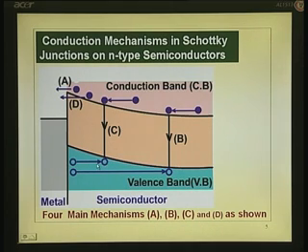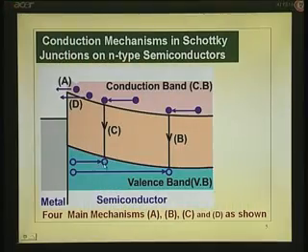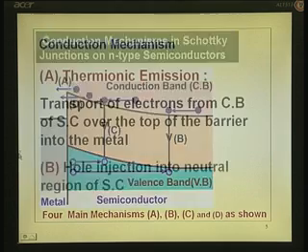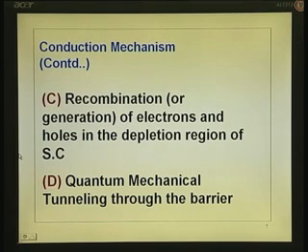In the forward bias case it will be recombination. If it is a reverse bias case, what will be the situation? Electrons will be lifted up from the valence band to the conduction band and separated out, that is generation. So, that is why component C is recombination or generation: recombination in the forward bias case, generation in the reverse bias case, of electrons and holes in the depletion layer.